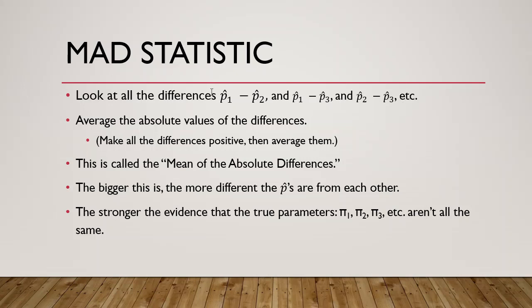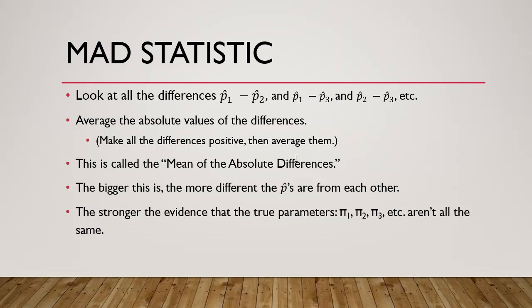So what we're going to do is subtract all of these, all the possible combinations, and that'll give us a bunch of numbers. And some of them could be positive and some of them could be negative. So we're going to take the absolute value. So basically make all of these differences into positive numbers and then add them up and average them. Okay, so it's the average or the mean of the absolute values of the differences essentially.